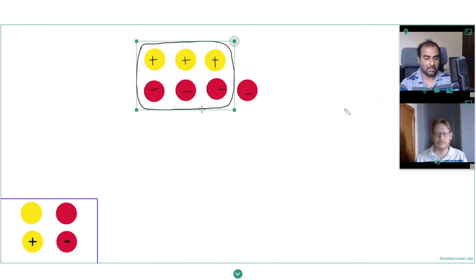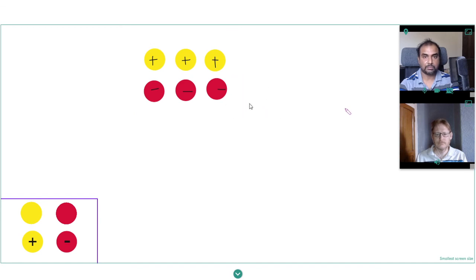Okay, let's consider another situation. Let's say it's the same atom, and this time you can remove an electron. So we can't change the number of protons, but it's the number of electrons that change. So you can remove one electron here. So this could be, say, a metal that needs to lose an electron to gain a full outer shell.